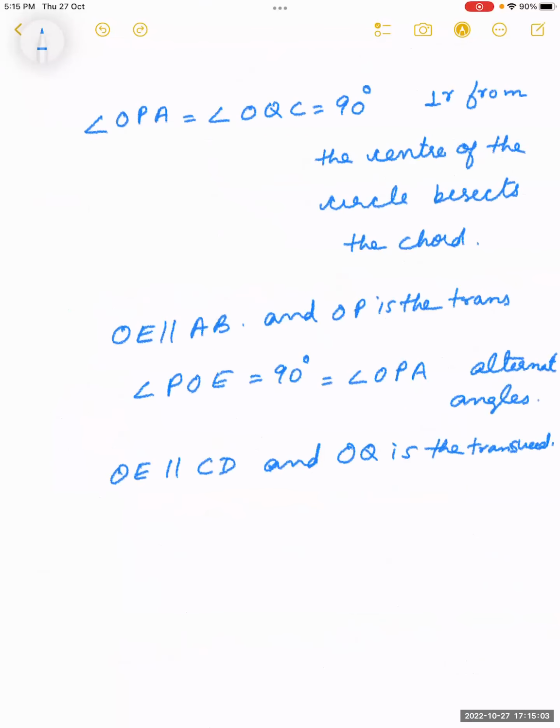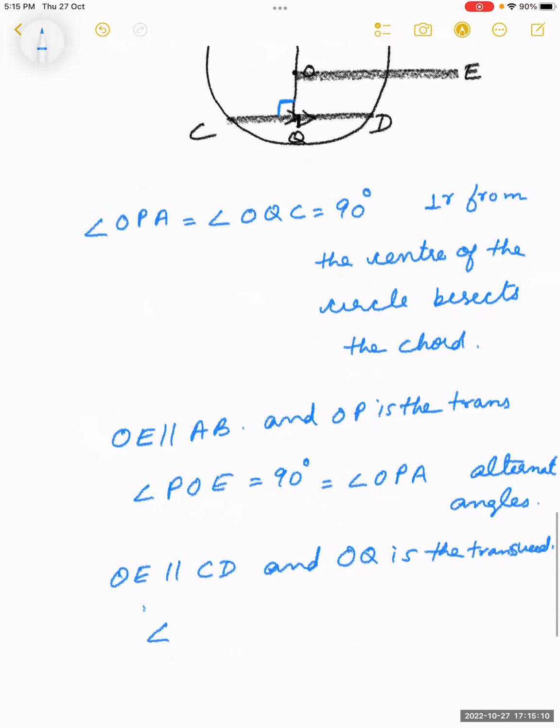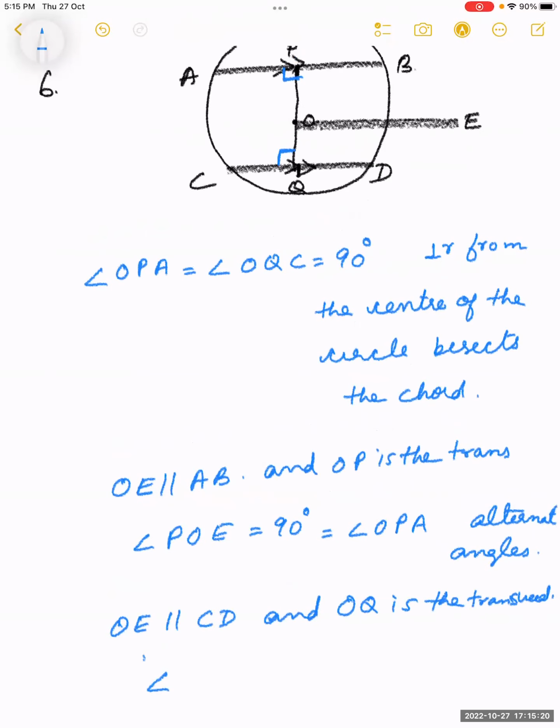Now OE is parallel to CD and OQ is a transversal. What does this give me? Angle QOE is equal to this angle, angle OQC, equal to 90 degree.